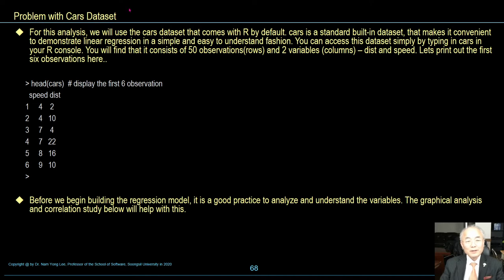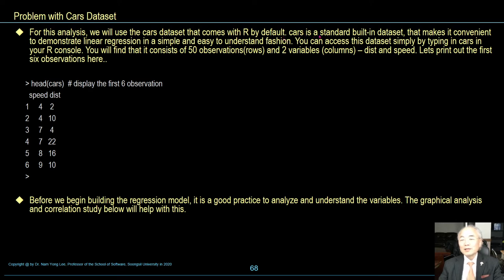여러분들, RStudio가 제공하는 이 Cars라는 데이터셋이 있습니다. 이 자동차의 스피드와 거리의 데이터. For this analysis, we will use the cars dataset that comes with R by default.